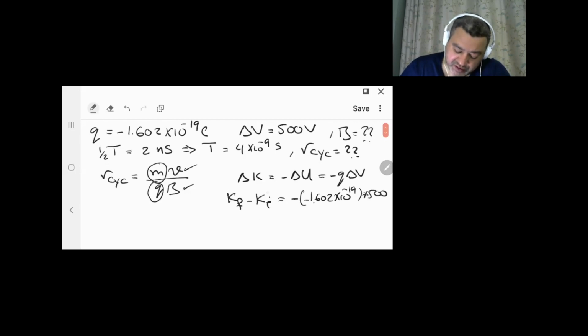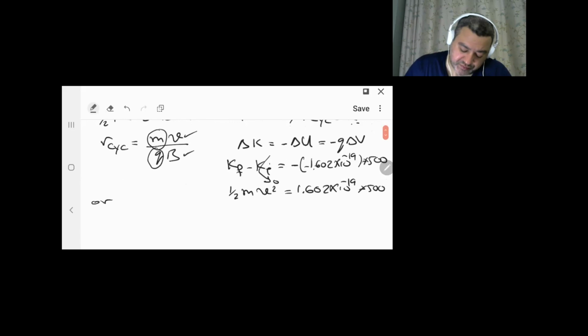This is assuming it starts from rest, accelerated from rest, and this one is half mv squared equals 1.602 times 10 to the power minus 19 times 500.